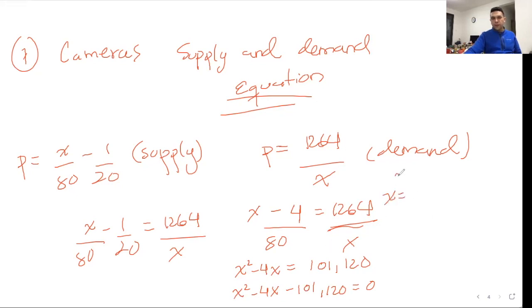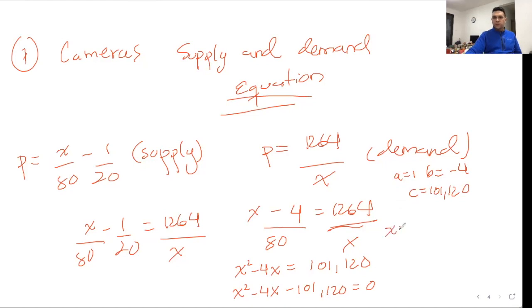My a equals 1, my b equals -4, my c equals negative 101,120.